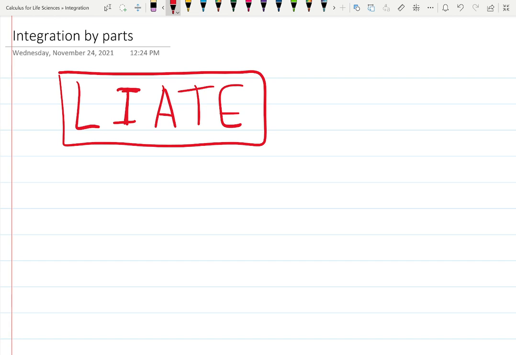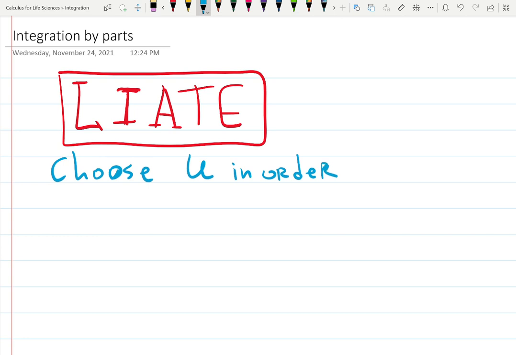The LIATE rule helps you to choose u, and it saves lots of time and frustration. So LIATE helps you to choose u in order. If you see in your integral a logarithmic function, choose that to be u.